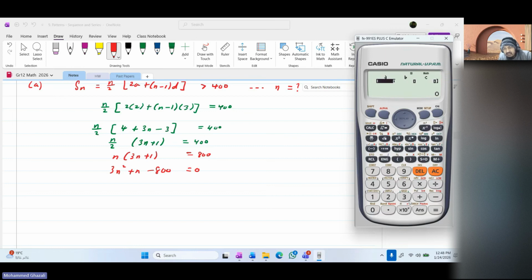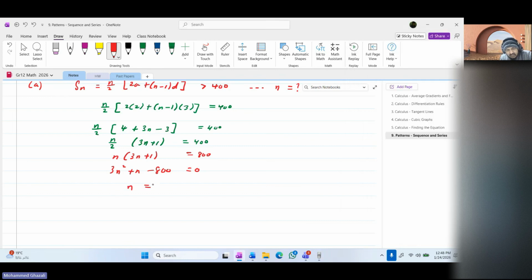Mode 5, 3, 3, 1, negative 800. Yep, again, quadratic formula. So n is equal to minus b, which is minus 1, plus or minus the square root of b squared, 1 squared, minus 4ac, which is 3 and negative 800, divided by 2 times 3.